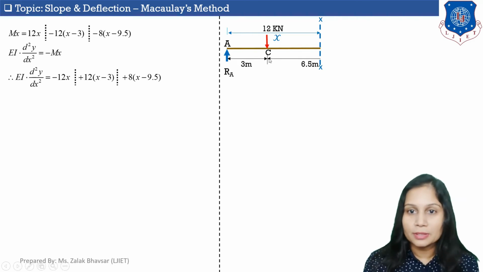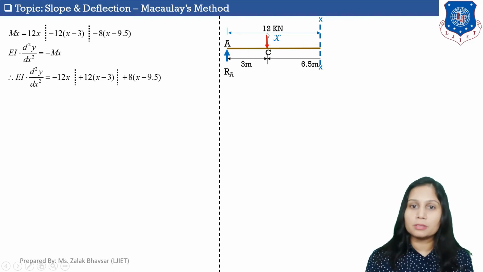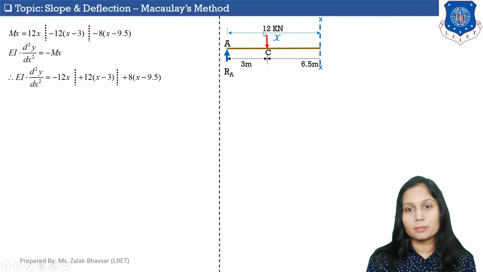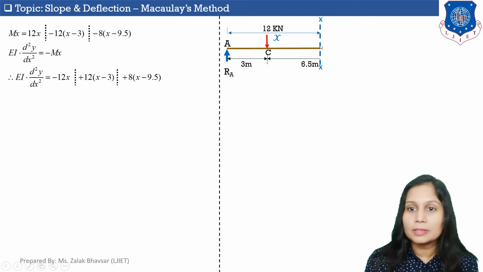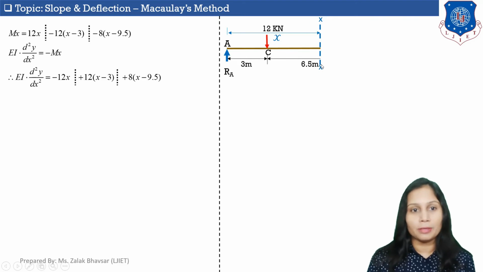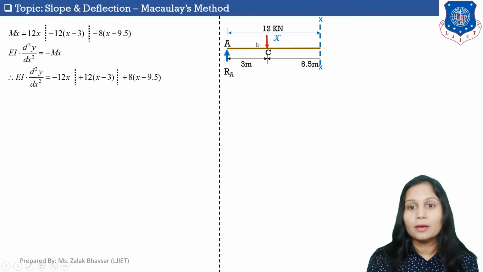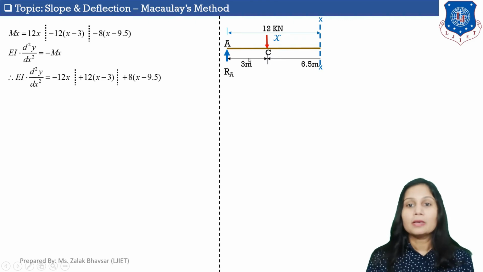Now for section CD, the moment of this 12 kilonewton load will be anti-clockwise, so I will put a negative sign. The moment of this 12 kilonewton load about this section line XX will be 12 times the distance between the 12 kilonewton load and this axis line, which is (x - 3).